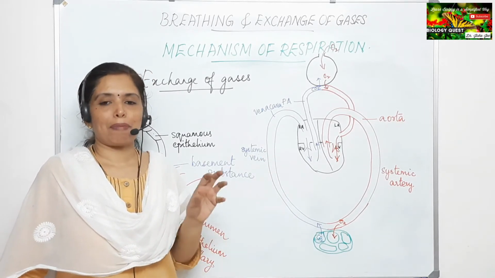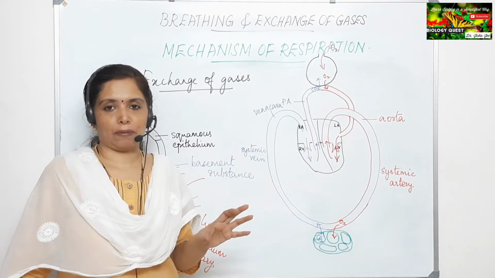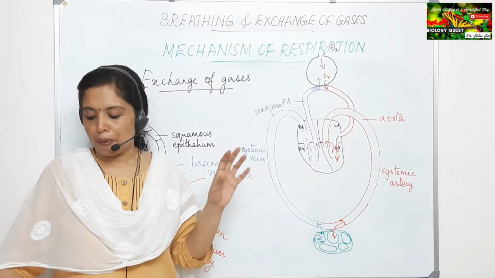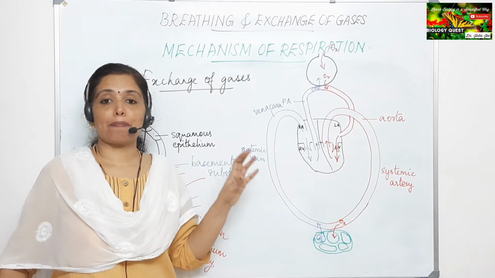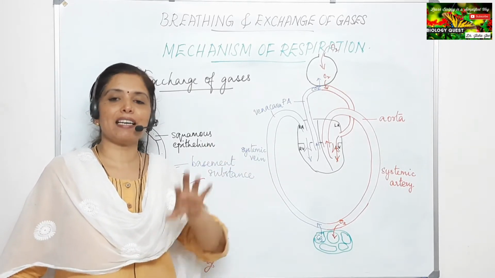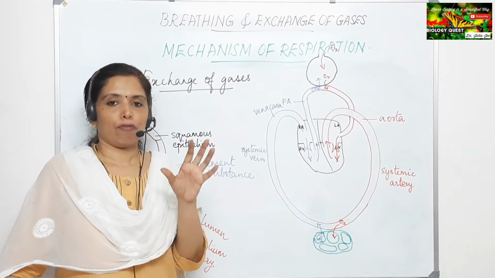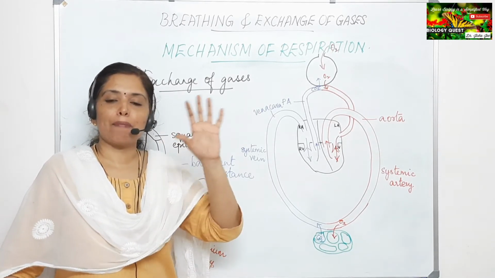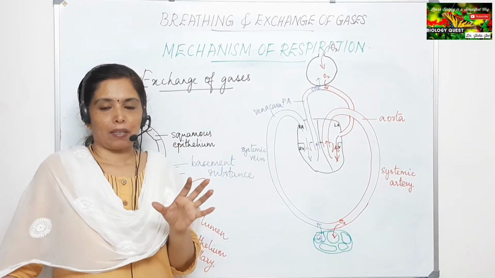Now what is meant by partial pressure? Partial pressure is the pressure contributed by an individual gas in a mixture of gases. We know air is a mixture of gases.